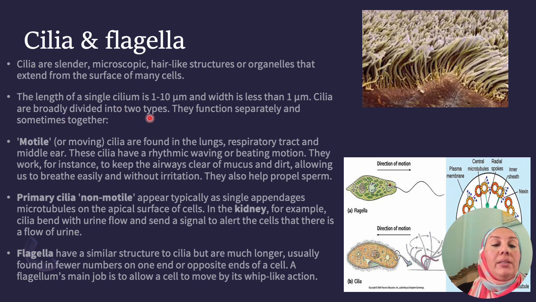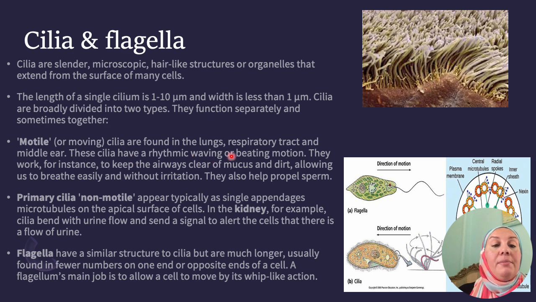Cilia are broadly divided into 2 types. Some of them are motile, they move, and this is what we find in the lungs, respiratory tract, the middle ear, and actually also in the ovary, the oviducts, helping the egg to move from the ovary to the uterus.